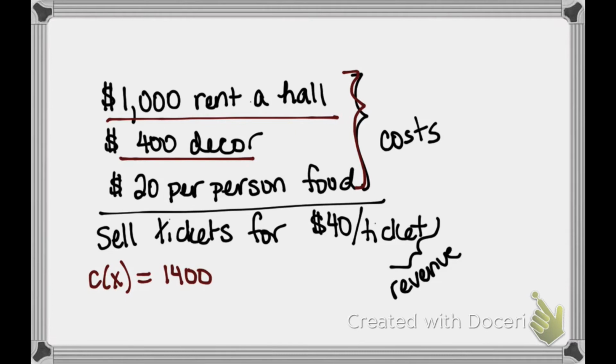So we're going to say x is the number of people. However many people we have times $20, that's the variable cost right there. Then I want to look at revenue. For my revenue function, I have $40 per ticket or per person, so $40 times x.